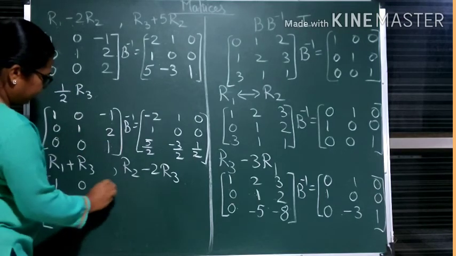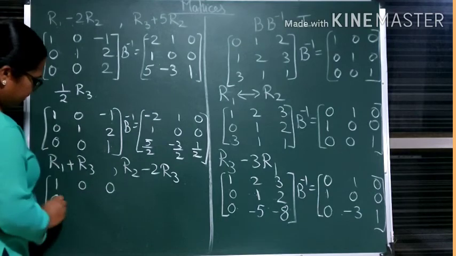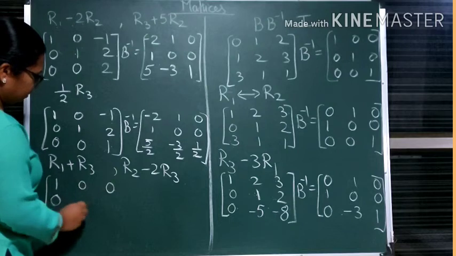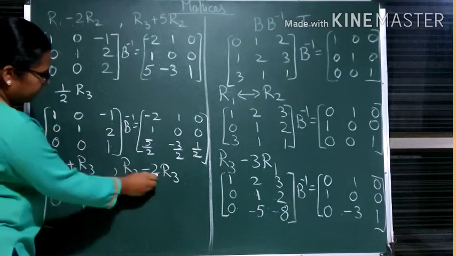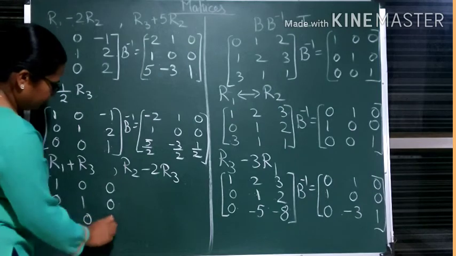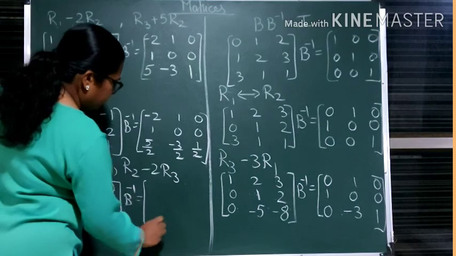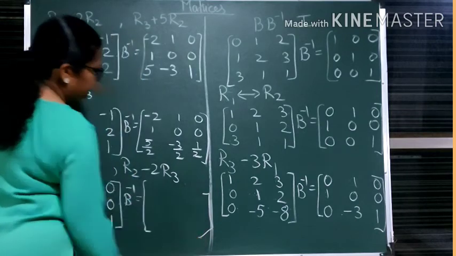Minus 1 plus 1, 0. Then 0 minus 2 into 0, 0. Then 1 minus 2 into 0, 1. 2 minus 2 into 1, 2. So 2 minus 2, 0. 0, 0, 1.